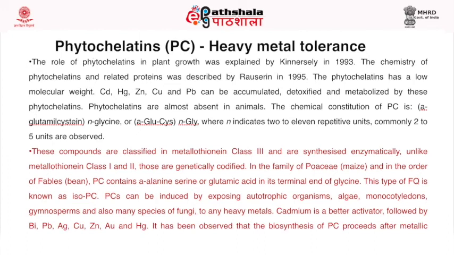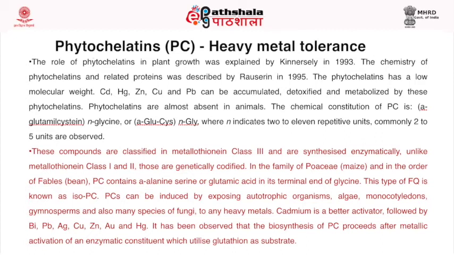Cadmium is a better activator, followed by bismuth, lead, silver, copper, zinc, gold and mercury. It has been observed that the biosynthesis of phytochelatins proceeds after metallic activation of an enzymatic constituent which utilizes glutathione as substrate.